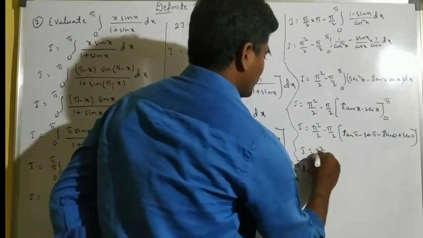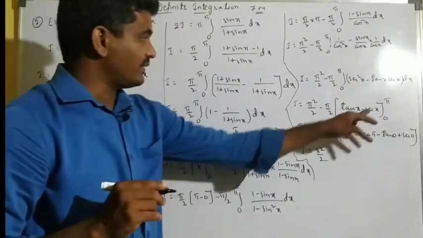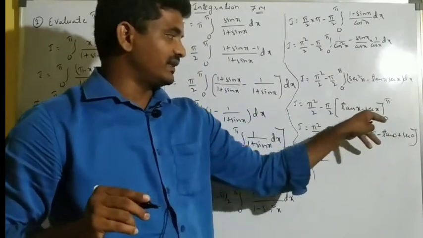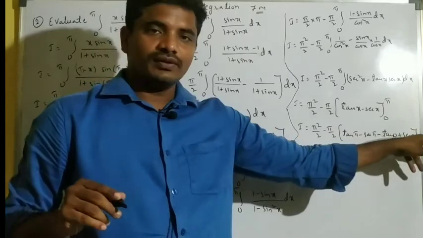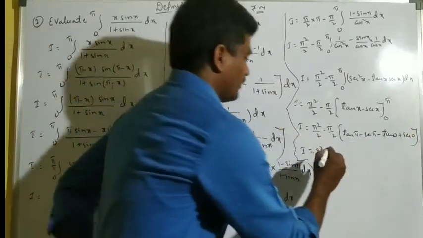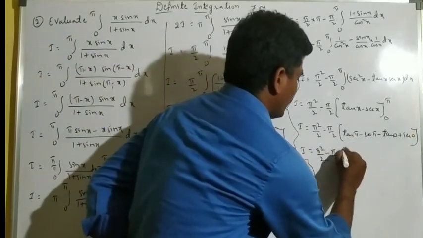I just substituted these values: first pi, and next I am going to substitute 0. Pi square minus pi by 2 of tan pi.